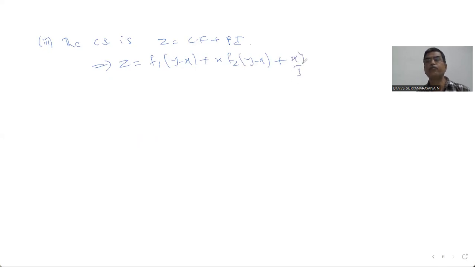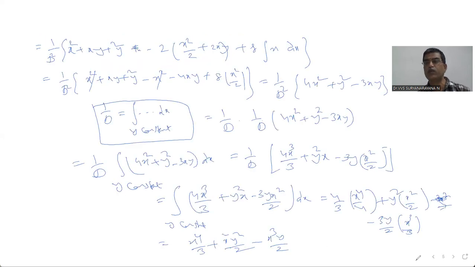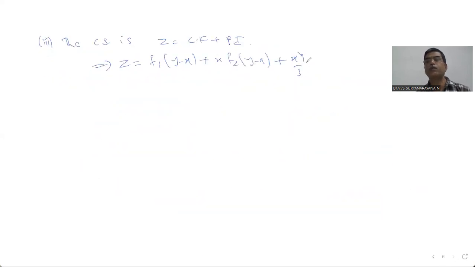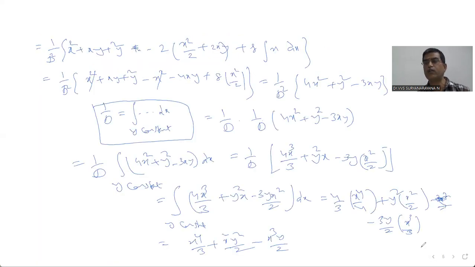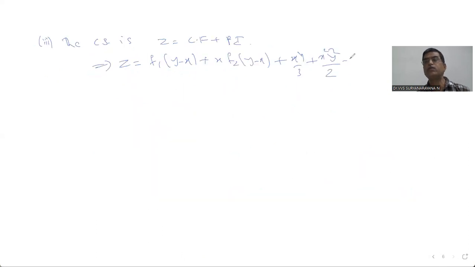That's the first term. Second term, x square y square by 2, and the third term is minus x cube y by. So this is the complete solution. Okay.